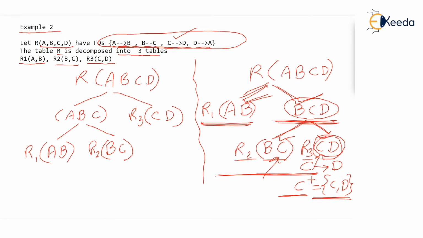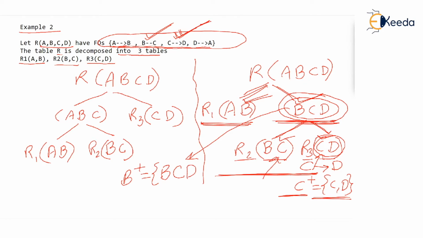Common attribute is B, and you just check that for this second table BCD, if you find B closure, B closure is going to contain B obviously, and B determines C is going to bring C, and C determines D is going to bring in D.